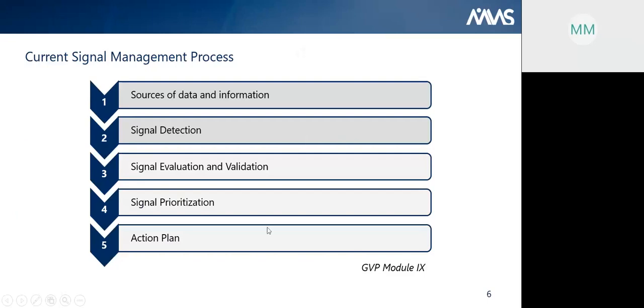Initially, the first 2 steps were the focus of our interest within this challenge. However, at a later stage, we realized that we could build features that are very helpful for the signal evaluation step as well, and we will stop on it a bit later.